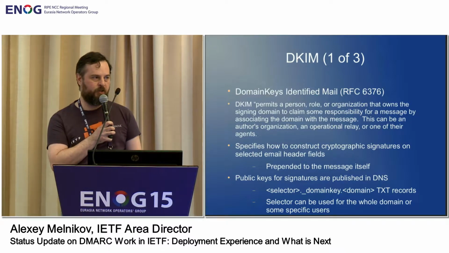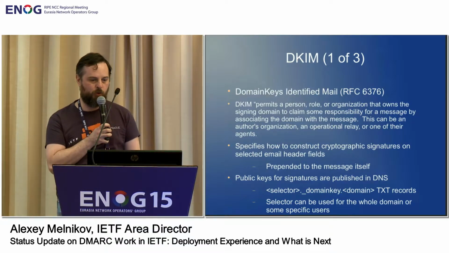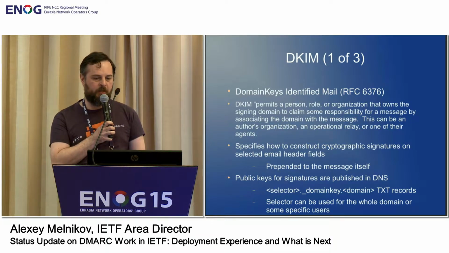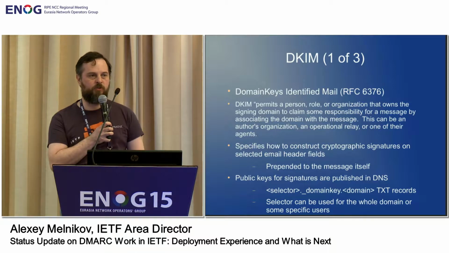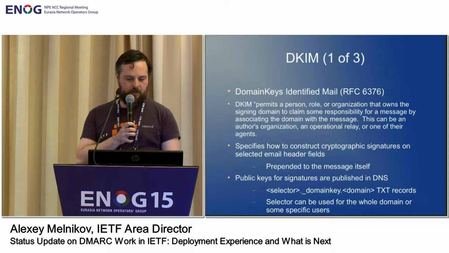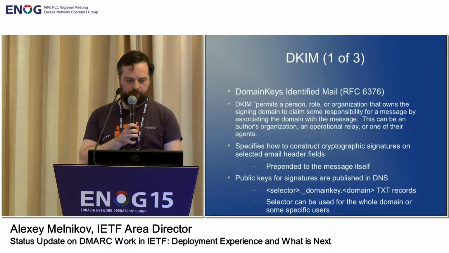It's added to the message when it leaves the outgoing mail transfer agent, and the keys that are used for signing different messages are also published in DNS, so the receivers can look at the added header and verify whether it was signed by the right key, and can verify that it wasn't modified.